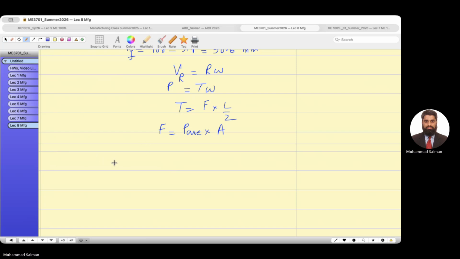So check. Initial thickness plus final thickness divided by 2 is the H average, divided by L. And L I haven't calculated, but we can calculate L.